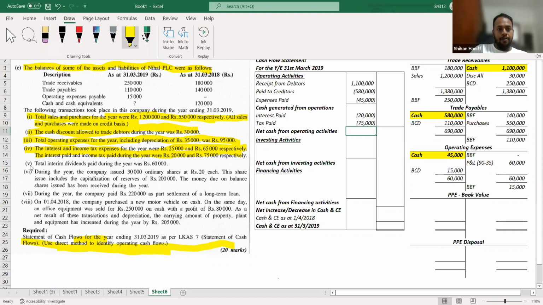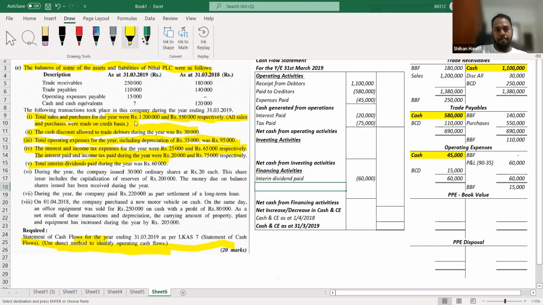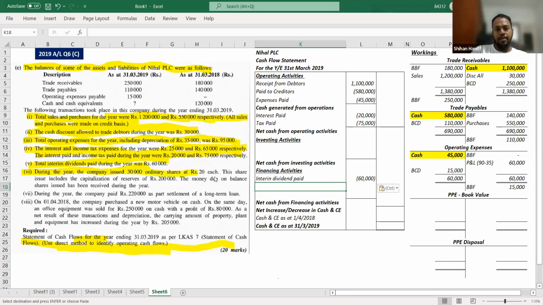Total interim dividend paid. Interim dividend means it is your financing activity. During the year, the company issued 30,000 ordinary shares at 20 rupees each. This share issue includes the capitalization of reserve of 200,000. Capitalization of reserve means bonus issue, issuing free.